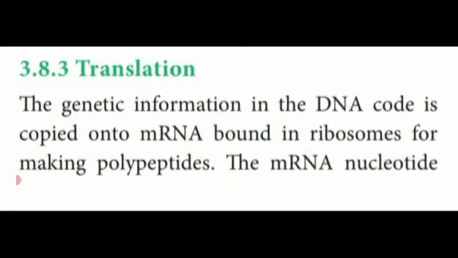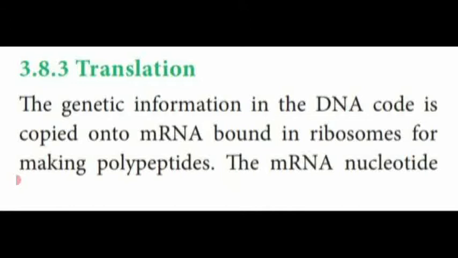That is known as translation. This mRNA nucleotide sequence is decoded into the amino acid sequence of the protein, which is catalyzed by the enzyme known as ribosome. This process is known as translation.